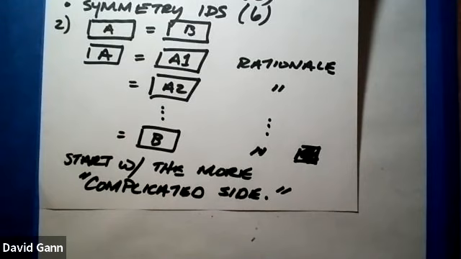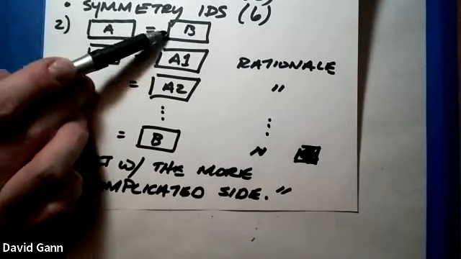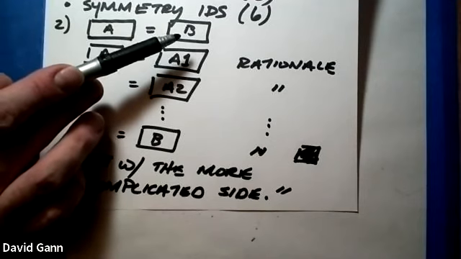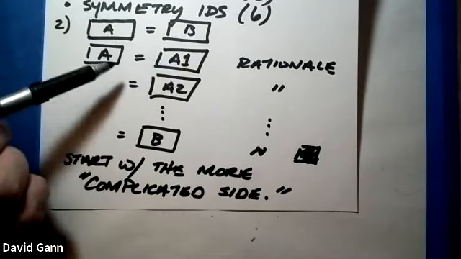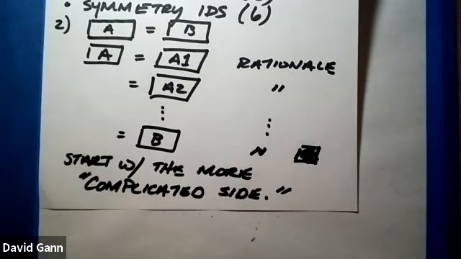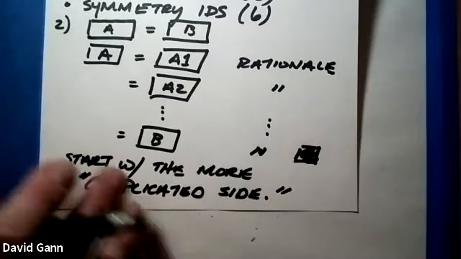Start with the more complicated side. So if B happened to be more complicated than A, you may actually start with B equal to, say, statement B1, B2, and end with A. It's perfectly okay to go from left to right or right to left. And there are even more complicated situations that we come up with later as we move along.